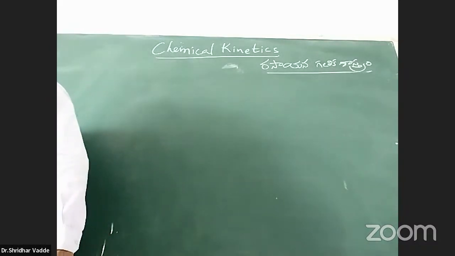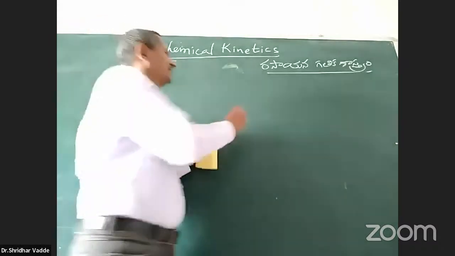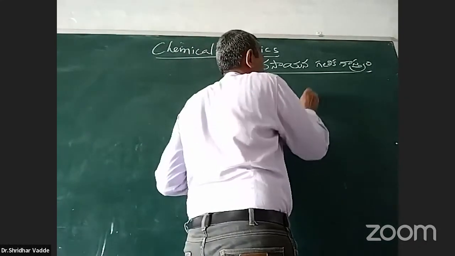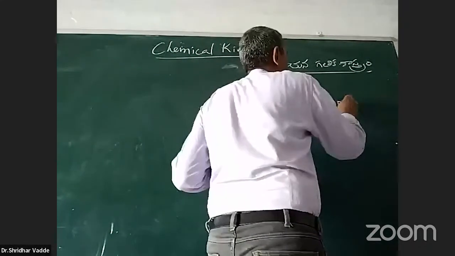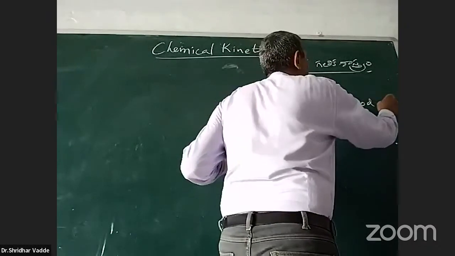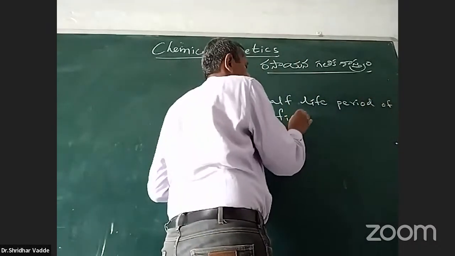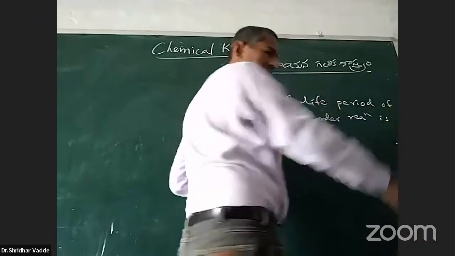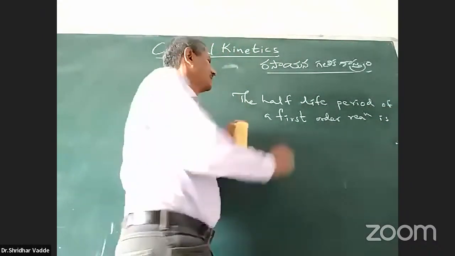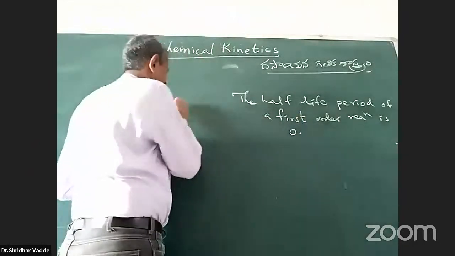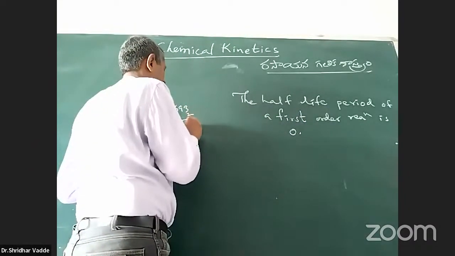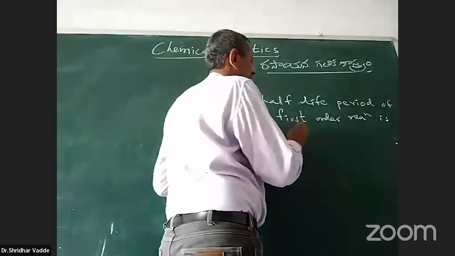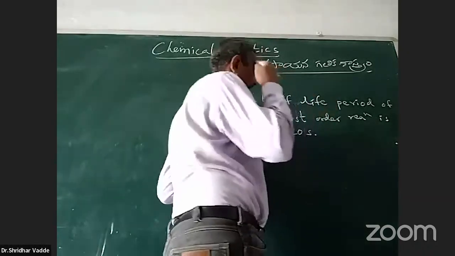Take one problem. The half-life period of a first order reaction is 20 seconds.